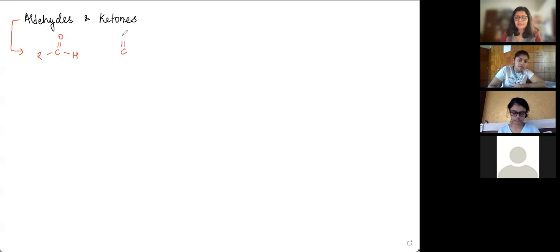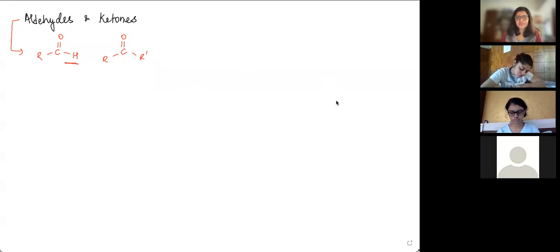But when it's in the middle of the chain, surrounded by carbons on both sides, then it's a ketone. So essentially, chemically speaking, they both are the same. The only defining feature is if there's a hydrogen attached to it, it becomes an aldehyde, otherwise it's a ketone. So that's why their chemical properties end up being the same in both cases. Okay.